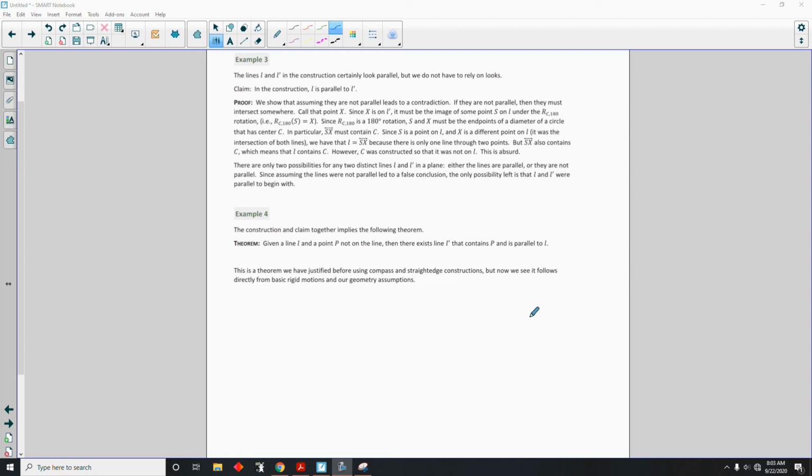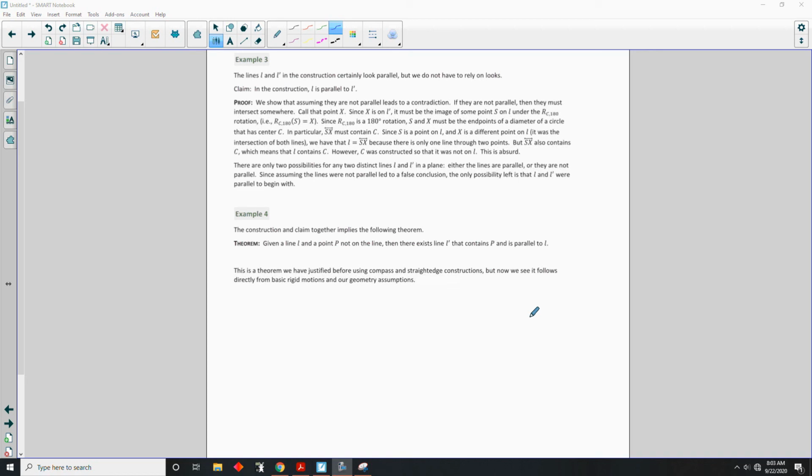If they are not parallel, then they must intersect somewhere. Call that point X. Since X is on L prime, it must be the image of some point S on L under the rotation around C 180 degrees, i.e. R sub C 180 of S equals X. So you rotate the point S that's on L 180 degrees around that point C, and we find the point X on L prime.